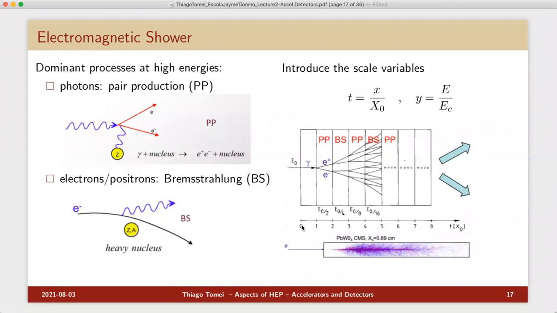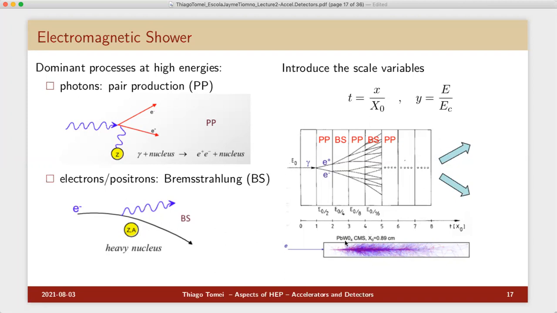But an electron or a photon may hit bulk material, and through a combination of pair production and Bremsstrahlung, if it's high energy, it will lose most of its energy in the material through these processes, until eventually the other processes come up and just ionize or do the photoelectric effect. But in the end, all of the energy is deposited in the form of an electromagnetic shower in the system, in the bulk material.